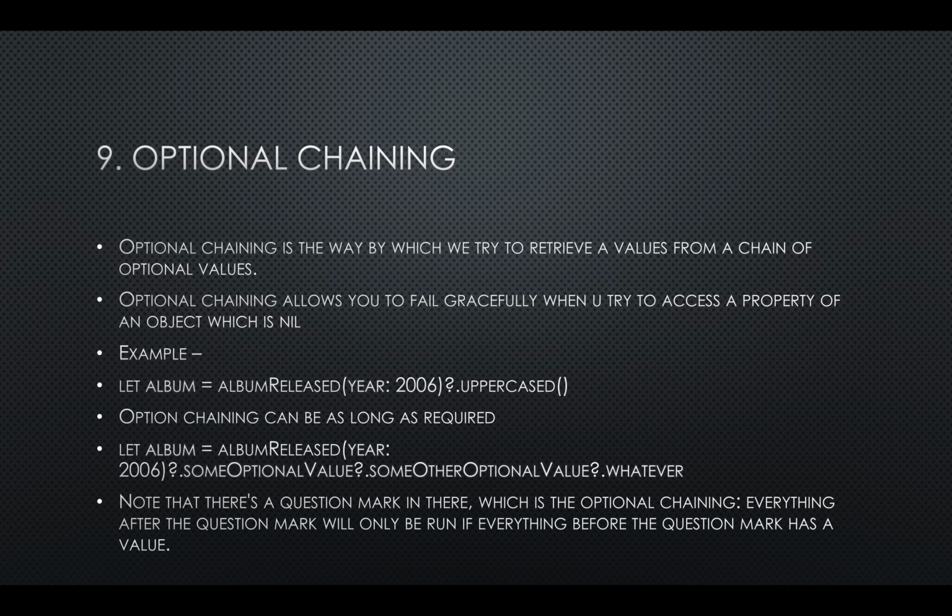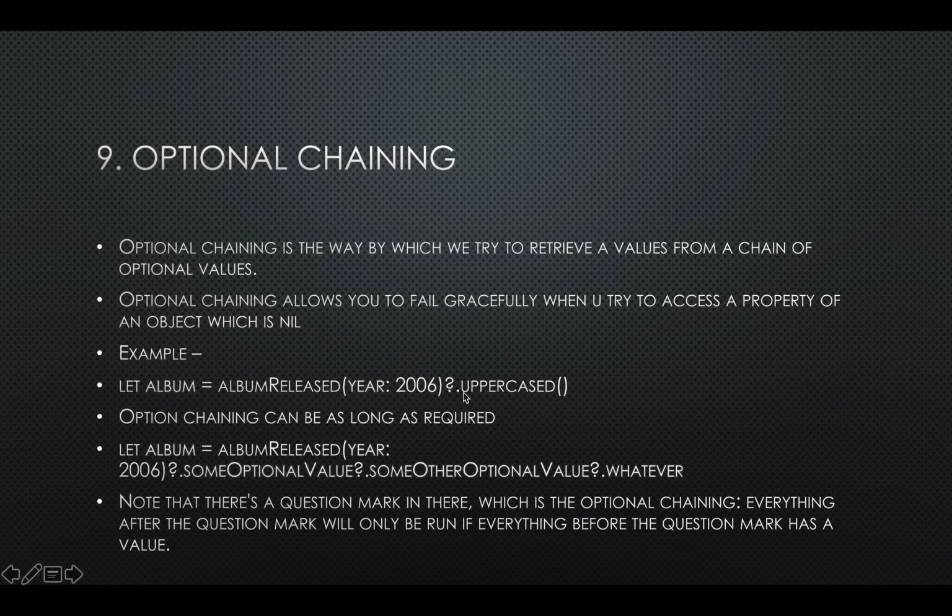Okay, so optional chaining allows you to fail gracefully when you try to access a property of an object which is null. So if a property of an object could be null, it means it is an optional. When that kind of scenario comes, it means that we are getting a value out of an optional chain. So let's see an example. Let album equals to album released year 2006.